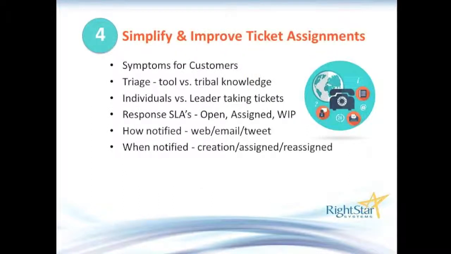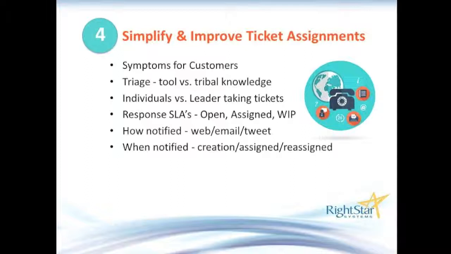Number 4, simplify and improve ticket assignments. Well, this comes down to how fast we can respond and resolve tickets, right? And we want to, as quickly as possible, assign tickets. Well, I already mentioned up front that one of the things you could do is give your customers symptoms, especially if they're doing self-service.